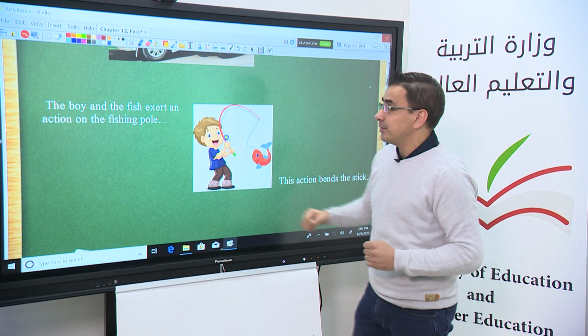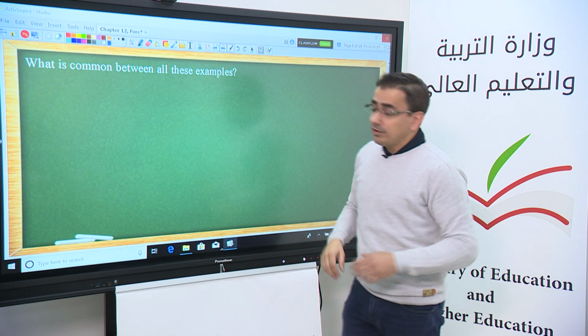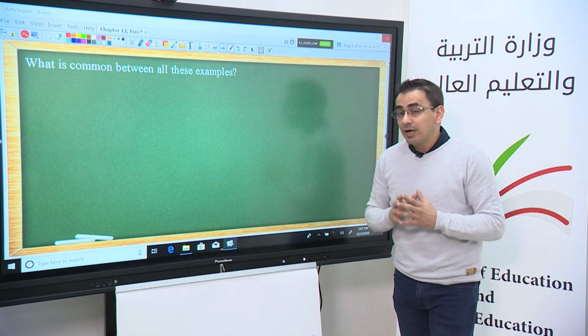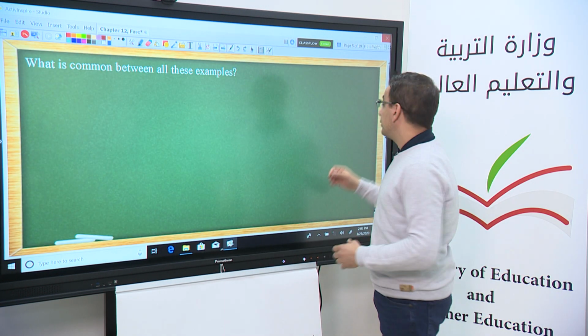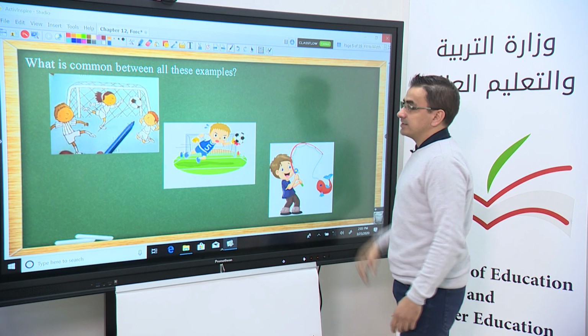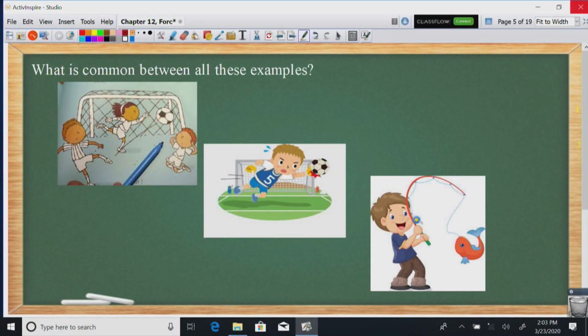It changes the shape as well. So now we have some good ideas about what is common between all the given examples. What is common between these examples we saw? We kicked a ball in one place, stopped a ball in another, changed an object. What is happening here?